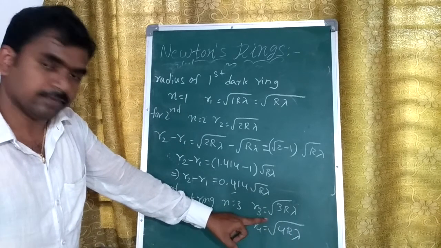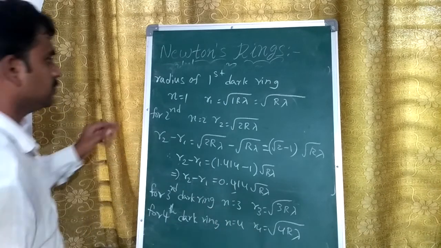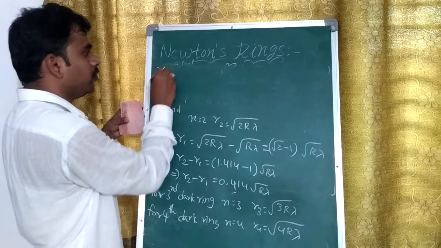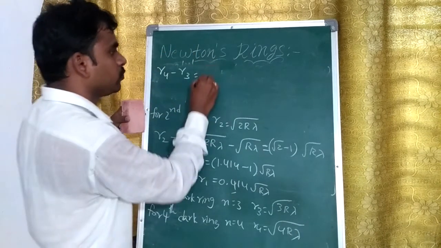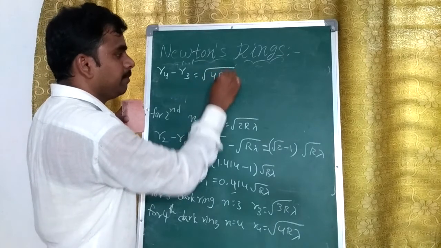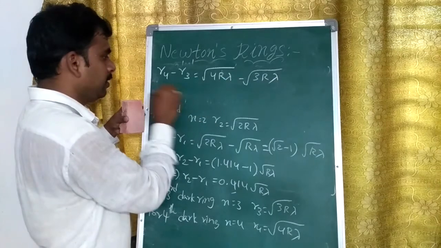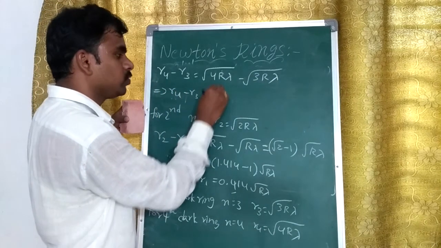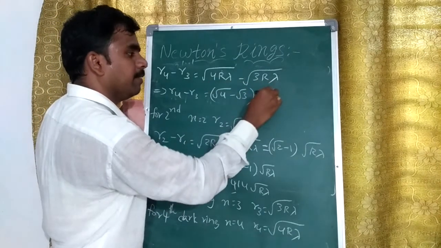We observe the separation between the third and fourth dark rings. r4 minus r3 equals the square root of 4R lambda minus the square root of 3R lambda, which is root 4 minus root 3 times root R lambda.